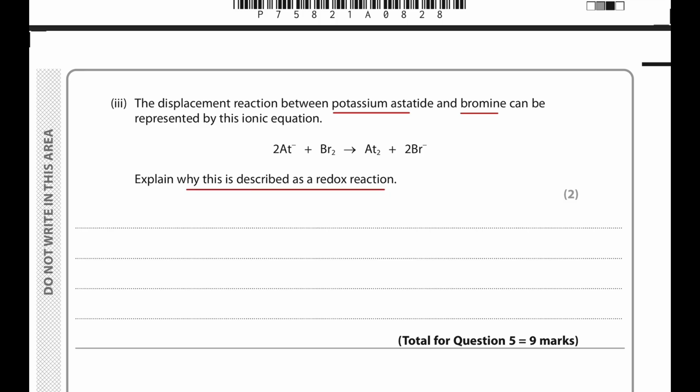Okay, first one is iodide loses electrons, whereas bromine gains electrons.